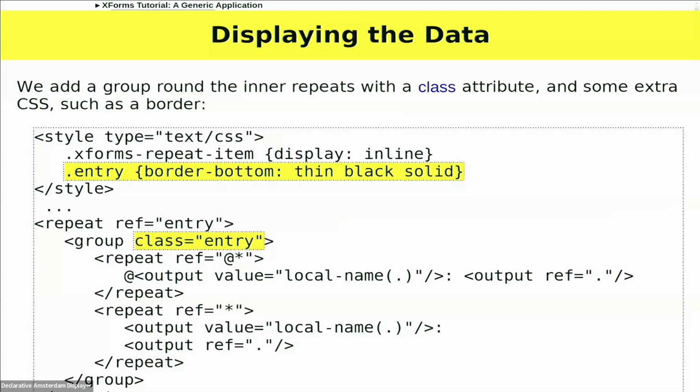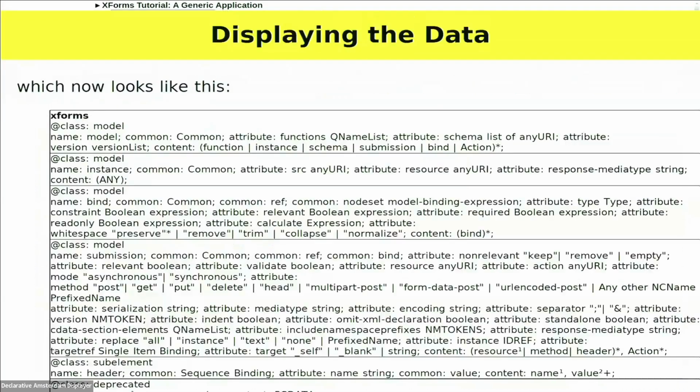We're going to add an entry that says there's a thin black solid line at the bottom border of every entry element. And now we can see a line between every entry in our data.